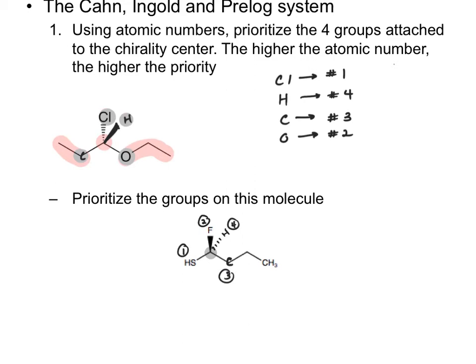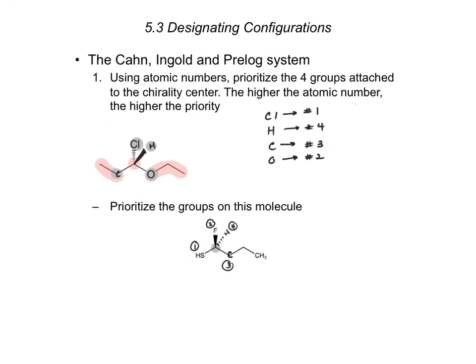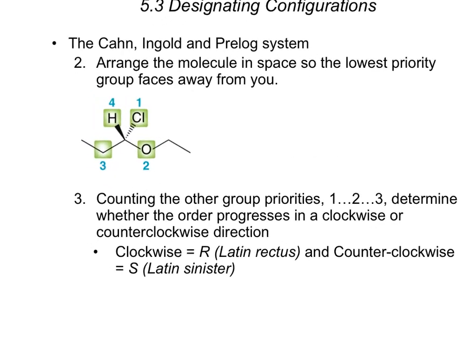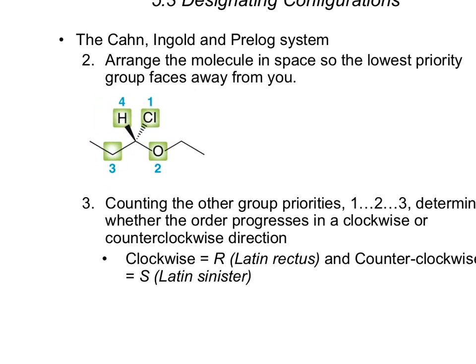Okay. So we're always looking at the atom that is directly attached to the chiral center, not the entire group that's attached, just specifically the atom that is attached. All right, so that's prioritizing. Now, once we have our priorities, what are we going to do with them? We're going to take this molecule and do whatever we need to do to it to get number 4 on the dash.